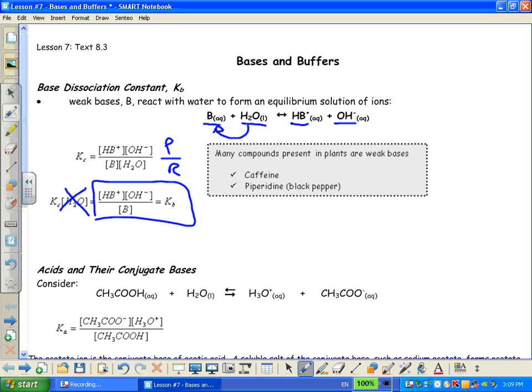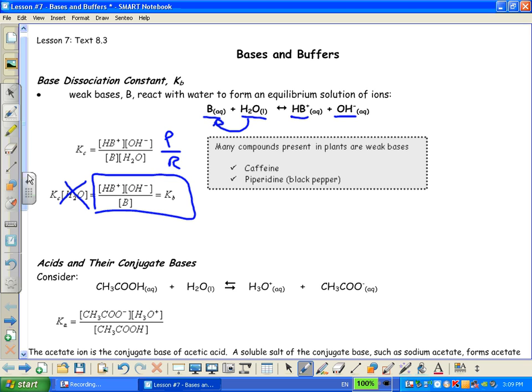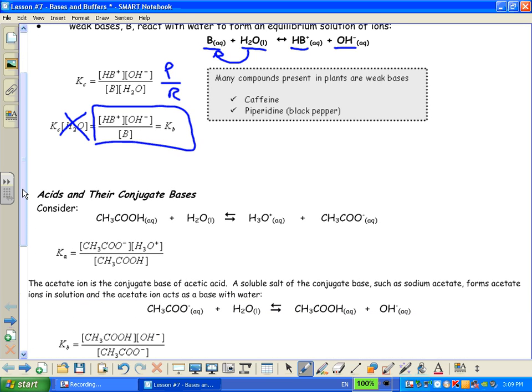Many compounds present in plants are actually weak bases, such as caffeine and black pepper. You'd set up an ICE table the same way we did for Ka. It's exactly the same, except now we're looking at bases, which are proton acceptors.